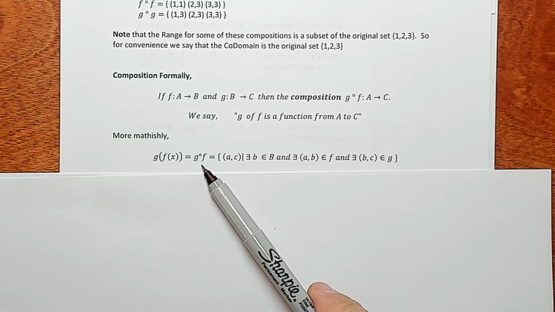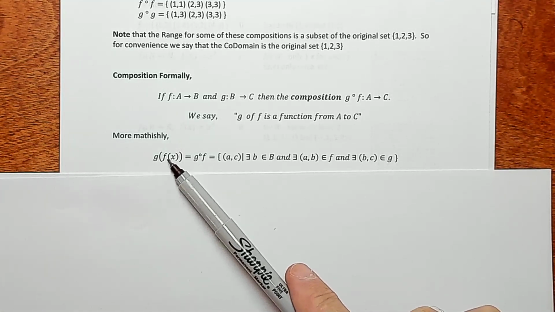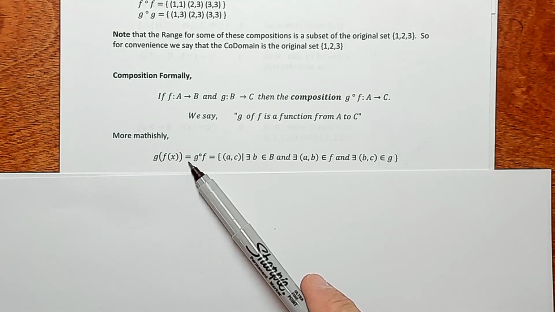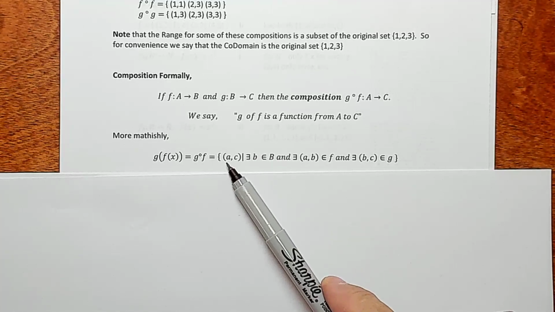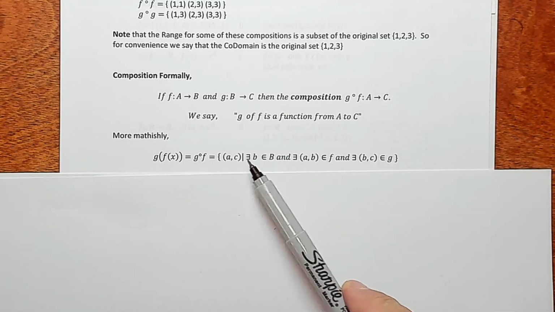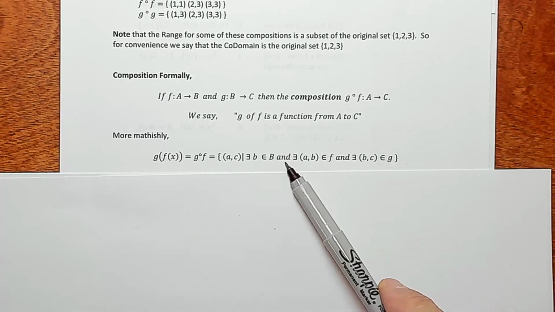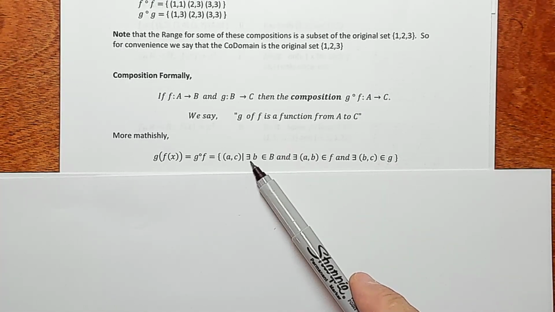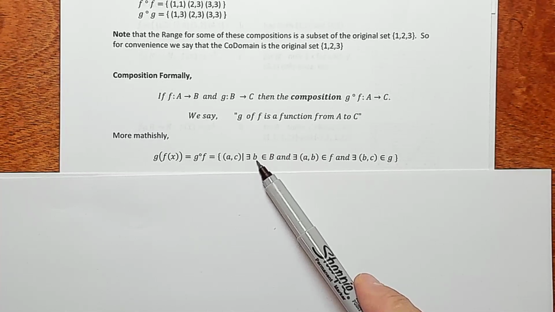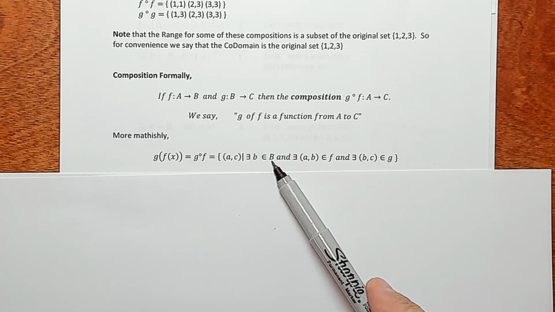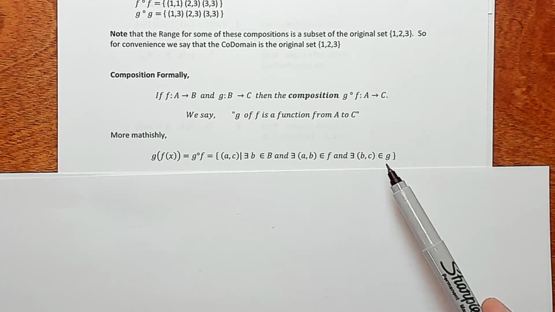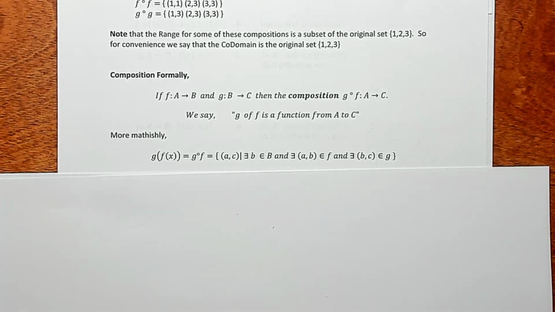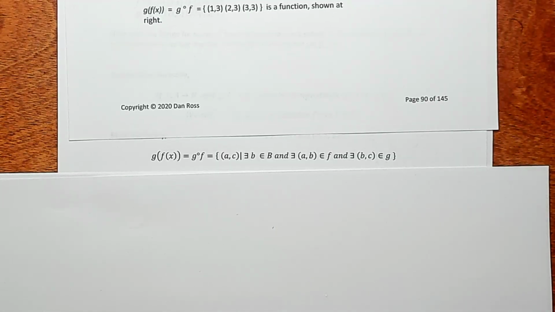So we can define the composition G of F of x, given by this notation G∘F, as the set of ordered pairs (a, c), where these three conditions are true: there exists a middle element, little b, in the middle set, and there exists an ordered pair (a, b) in F, and there exists the ordered pair (b, c) in G. We could go back to the example way up here and check that and see if this applies.